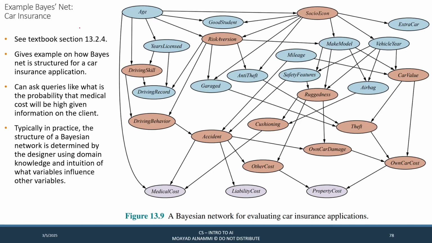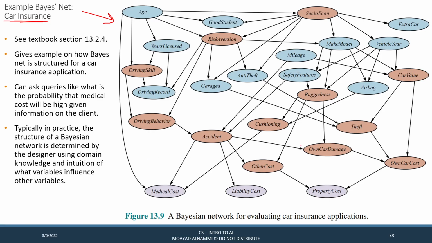I just wanted to show you examples for more general problems of how Bayesian networks can be used. This is an example from the book of whether or not to approve car insurance claims for car accidents.